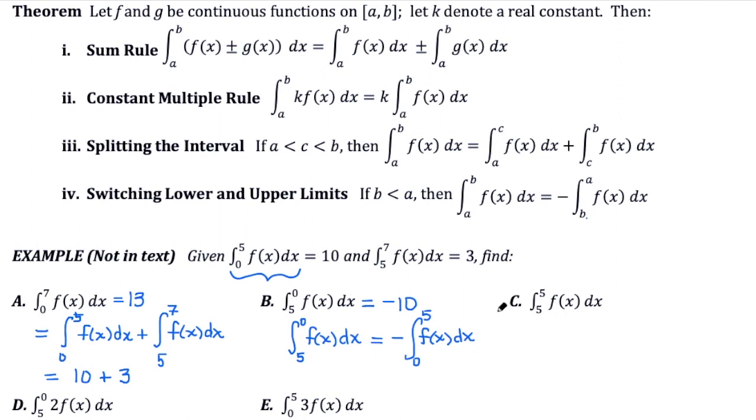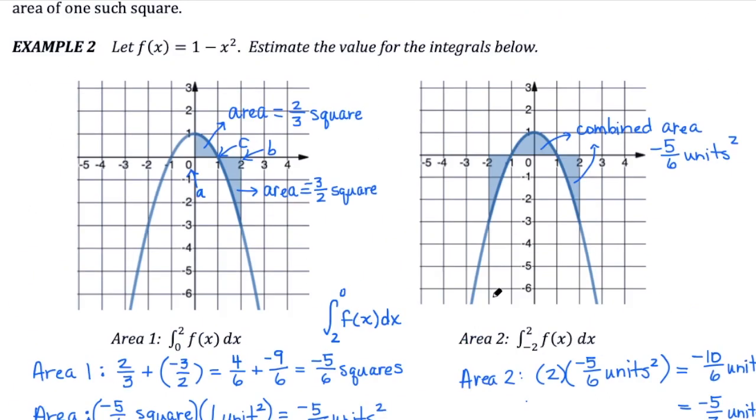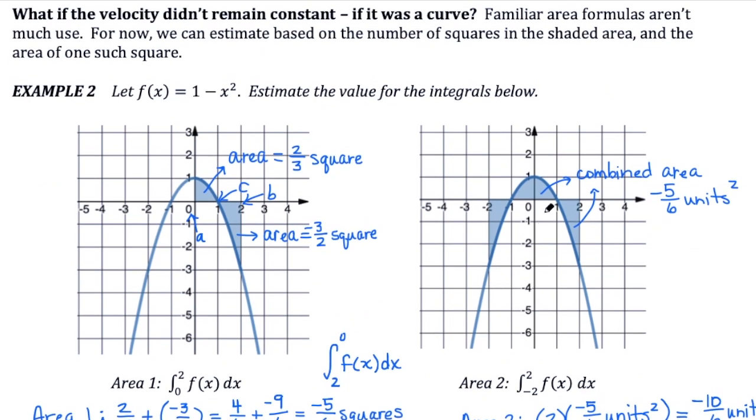Letter C is one I encourage you to think about in terms of the geometry. If you have a function, let's say this one here, and you want to calculate an integral starting at a value and ending at that same value, think about what that would mean.